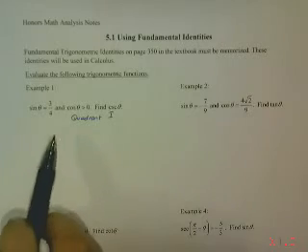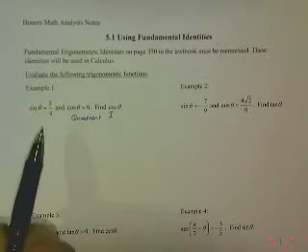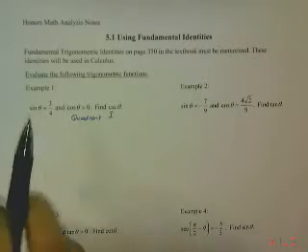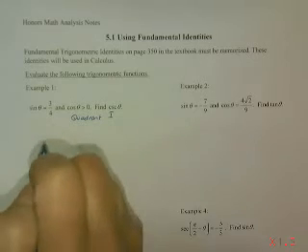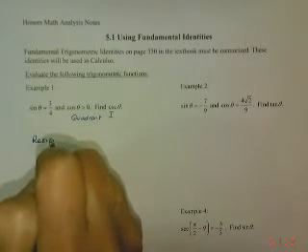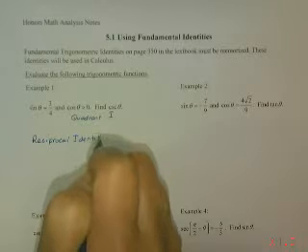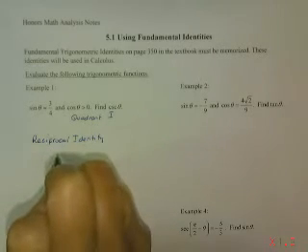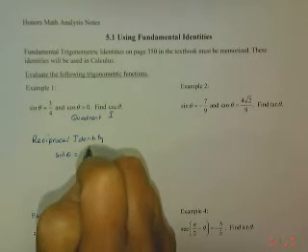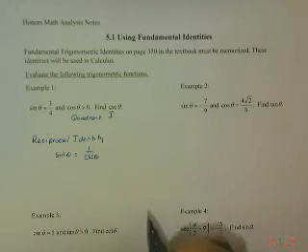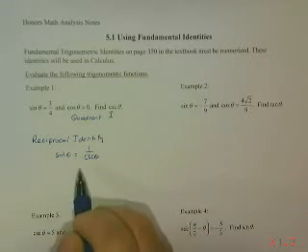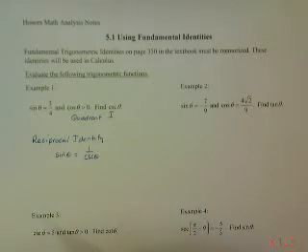So now I want to find cosecant of theta. If the sine of theta equals 3/4, I know because of the reciprocal identity, sine of theta is equal to 1 over cosecant of theta. So cosecant of theta is equal to 1 over sine theta.